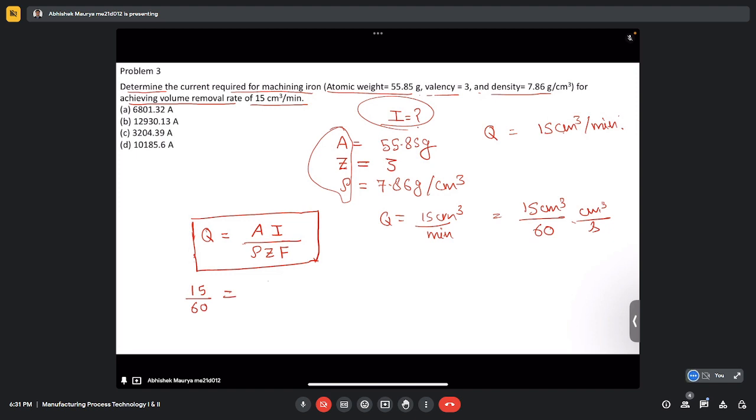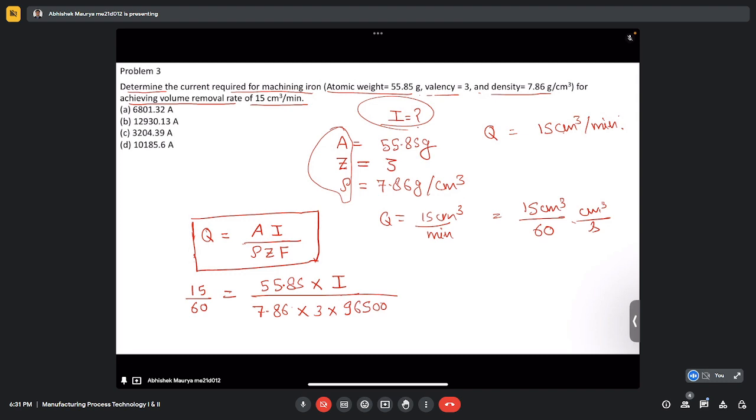A is 55.85, and current that we need to find out, and rho is given 7.86 and Z is 3. F is constant, 96,500.